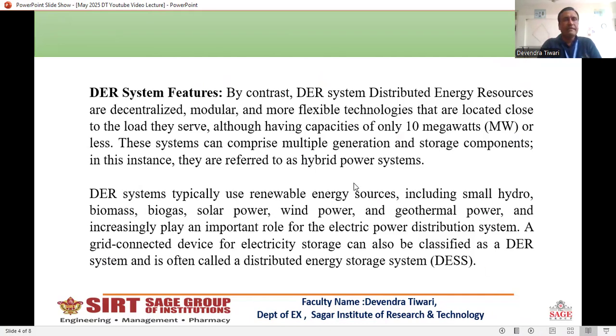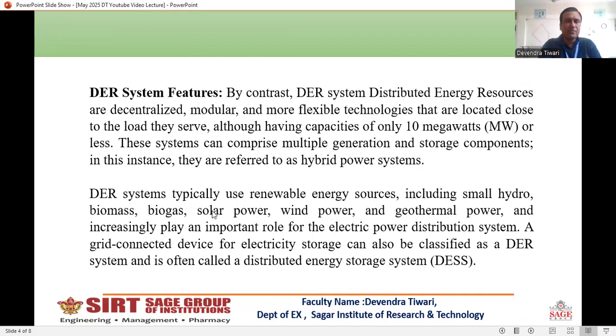Now, DER, that means distributed energy resources, features. By contrast, DER systems are decentralized, modular and more flexible technologies that are located close to the load they serve, that means on the consumer side, with capacities of only 10 megawatts or less. These systems can comprise multiple generation and storage components, in which case they are referred to as hybrid power.